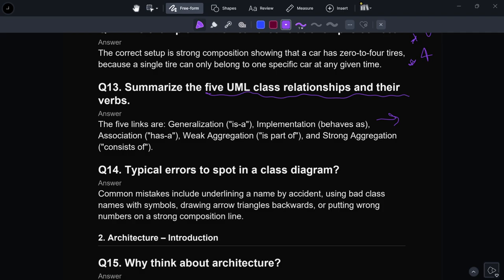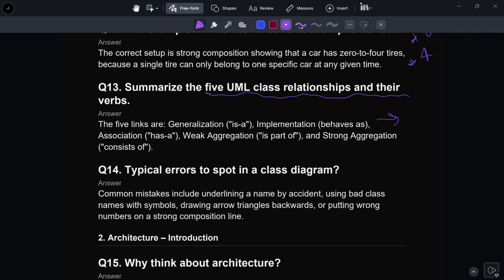Then we have association: has a, interacts. It is a solid straight line that can have an open arrow like this. A customer has a physical debit card, holds a debit card.